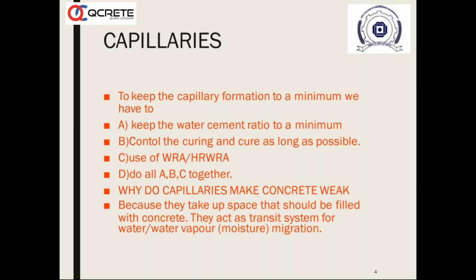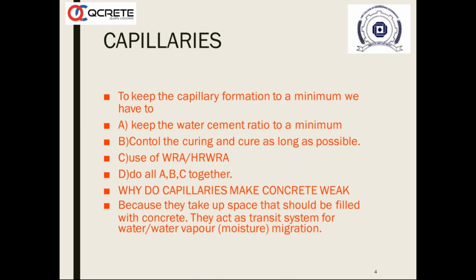In case of OPC mixes, the Indian code IS 456 says that you have to cure a minimum of 7 to 10 days before deshuttering. And when you are using supplementary cementitious material, that is fly ash, GGBS, etc., you have to cure up to 14 days because the rate of gain of strength is lower.